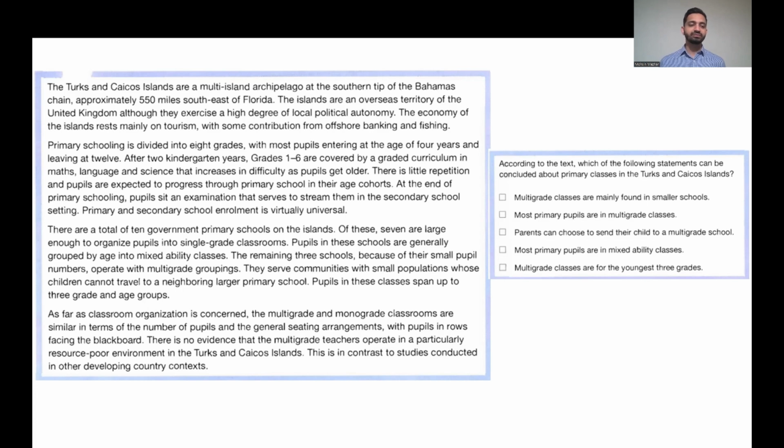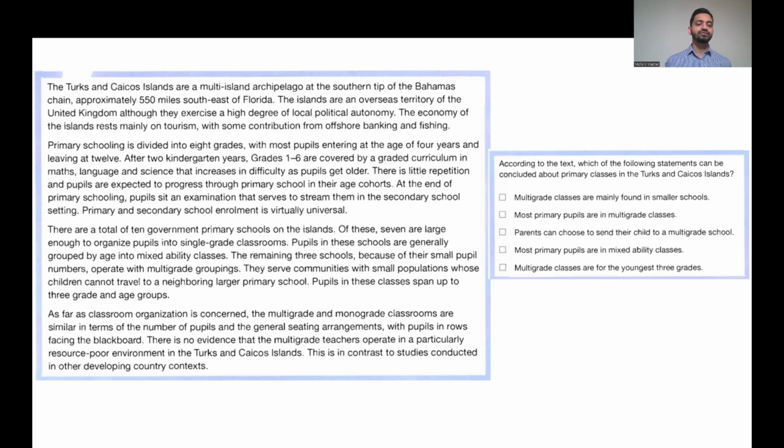There is little repetition, and pupils are expected to progress through primary school in their age cohorts. At the end of primary schooling, pupils sit an examination that serves to stream them into the secondary school setting. Primary and secondary school enrollment is virtually universal.